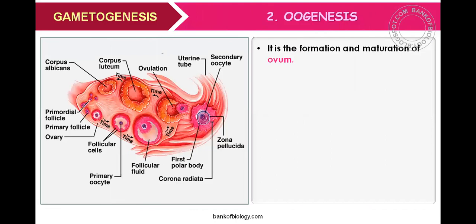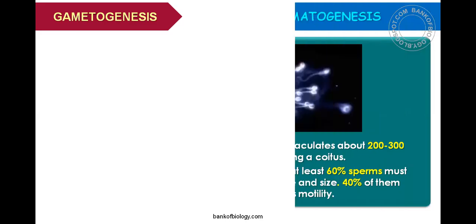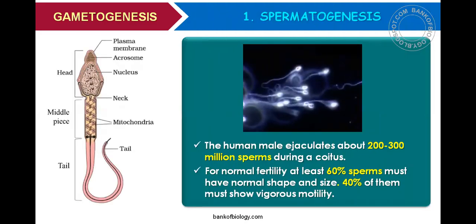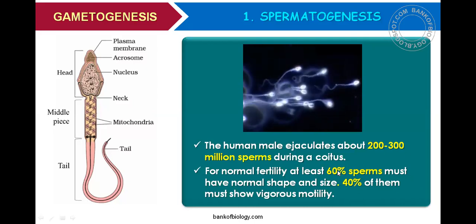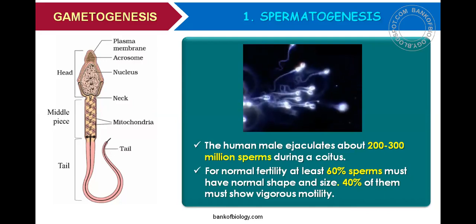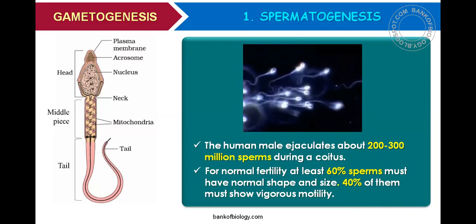And if they ask about numbers, they will ask once. Let me check what we did last week: 200 to 300 millions, of which 60% of the sperms must have normal shape and size. So what is the number, beta? 200 to 300 millions, 60%.